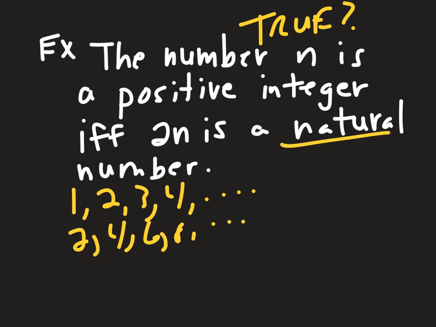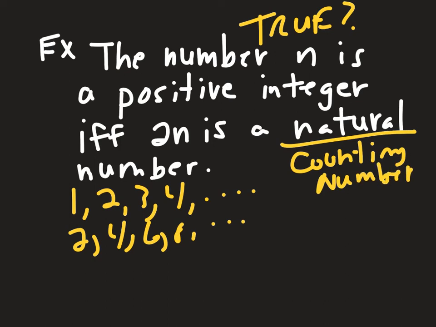Now, I might have to remind you what a natural number is. The other phrase for that is a counting number. Remember, people didn't come up with the number 0 for quite a while, but the counting numbers, they started counting with their fingers and then just kept going. So these would be the numbers like 1, 2, 3, 4, and keeps going forever.